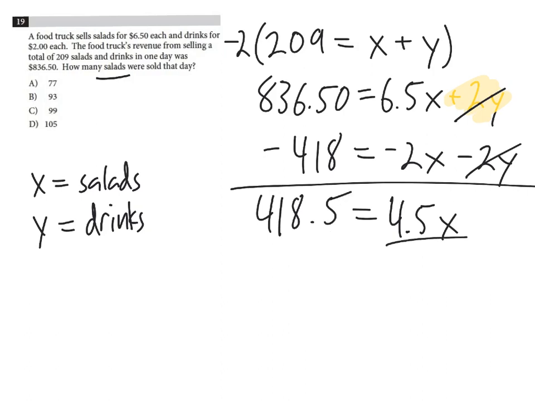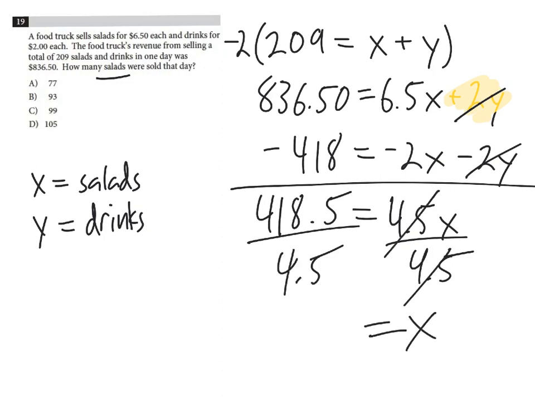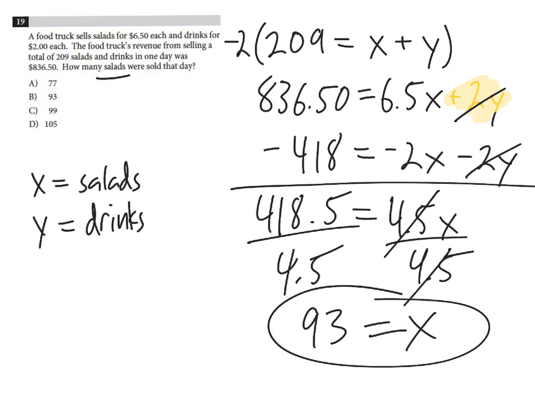Okay, we're going to divide both sides by 4.5. Let's cancel out. We pull up my calculator again, divide by 4.5, and get 93. So 93 salads were sold that day. 93 salads.